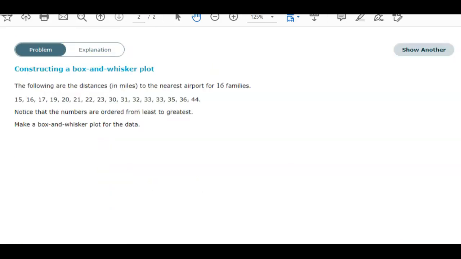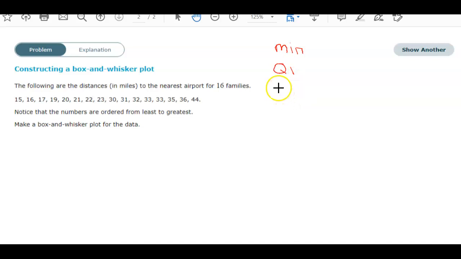Okay, so a box and whisker plot is going to require a 5-number summary, you guys. So a couple of things that I want us to write on the side just so we don't forget is we're going to have the minimum. We're going to have the first quartile. I'm going to call this Q1.